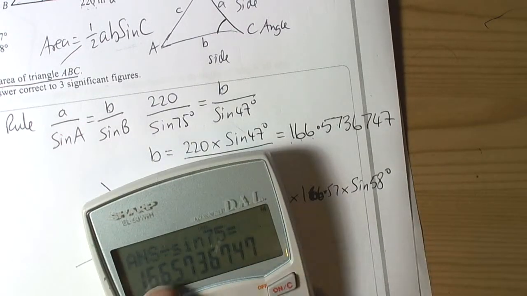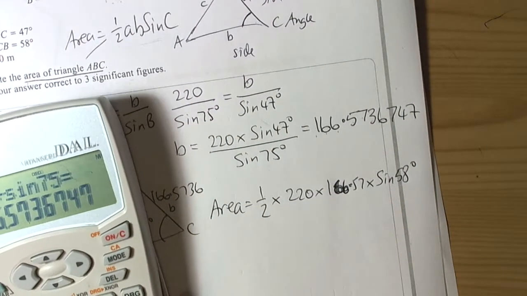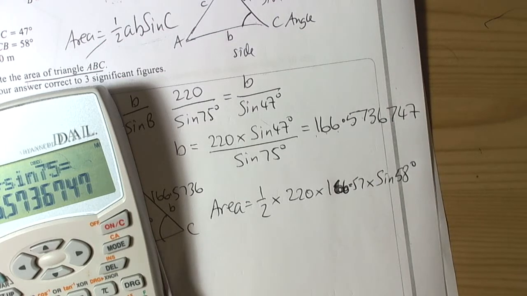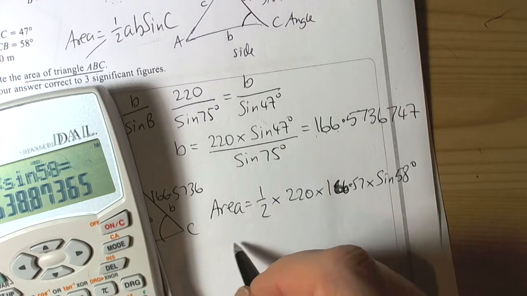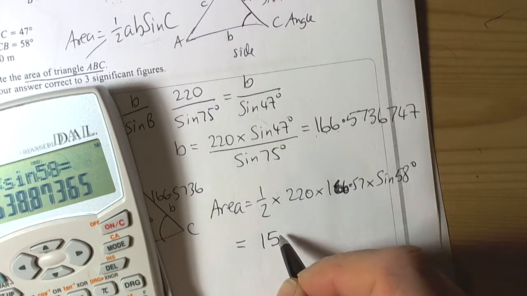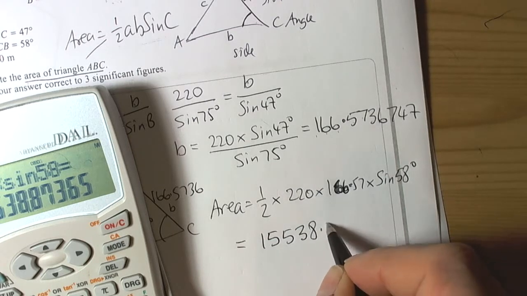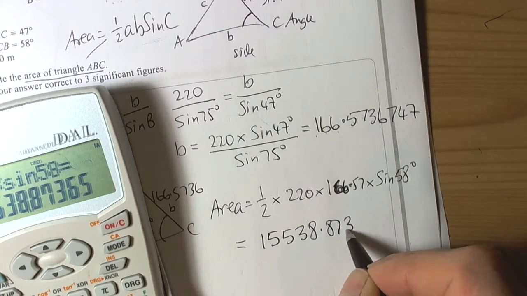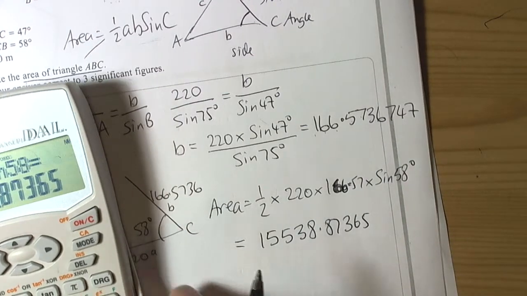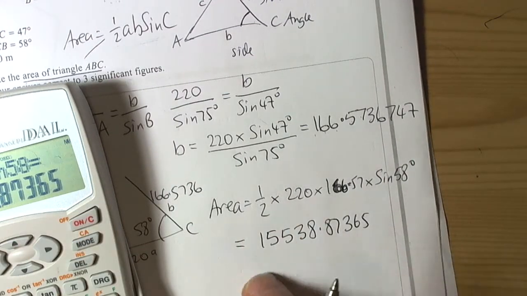So we left that number in our calculator because we knew we were going to use it, and we're going to times that by the 220. We're then going to times that by the half, and then we're going to times that by the sine of 58 degrees. So the final answer on the calculator is 15538.87365. Always write down the full answers and then round if you need to.